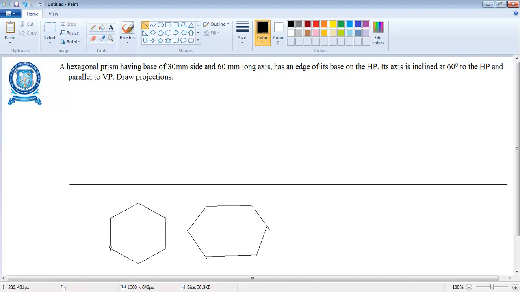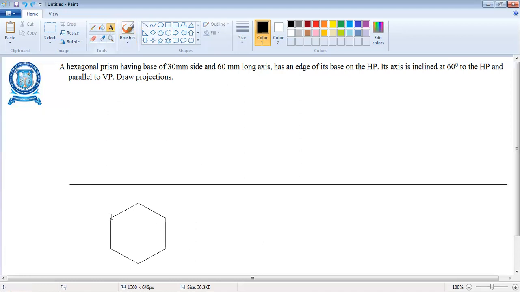If resting on VP, you would see this hexagon shape in the front view. Resting on HP means we can see it in the top view. Resting on HP, the top view is like this.